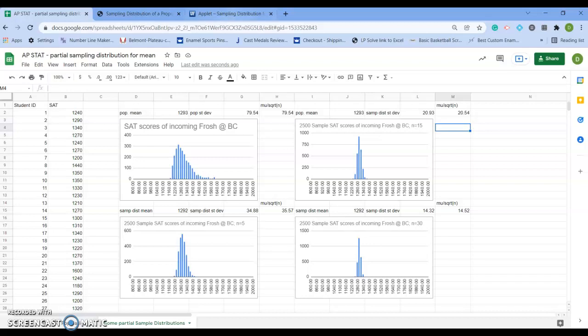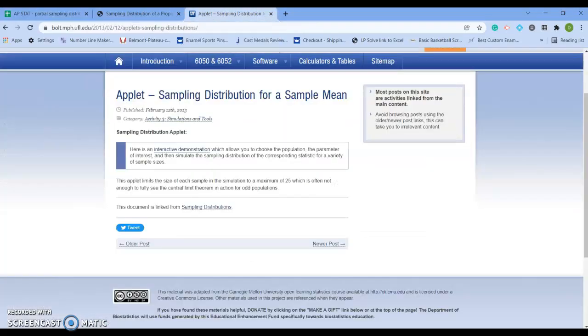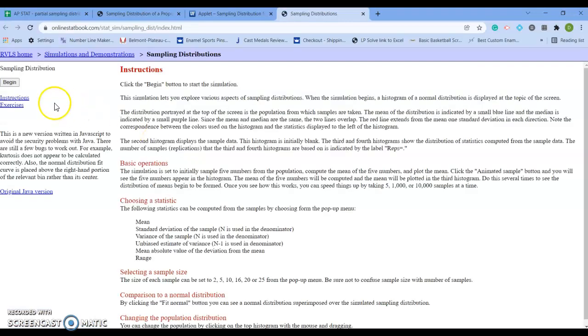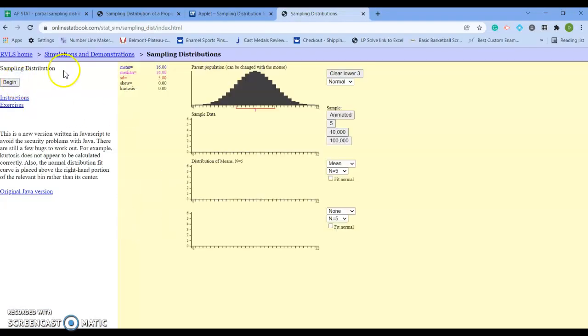I've got an applet here, and I'm going to put a link on Blackbaud to this applet. This is interesting. We can play around with this. If we want to change this parent population, let's try to make something that's pretty skewed.